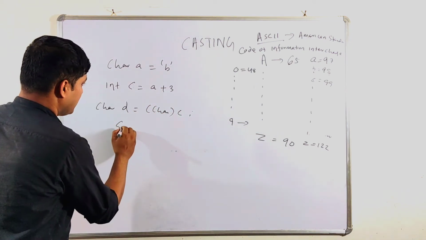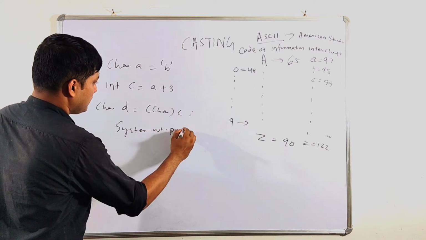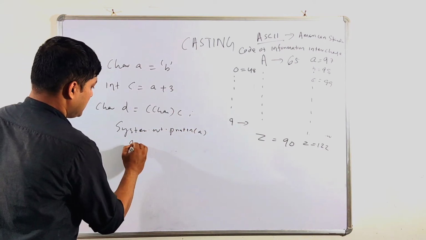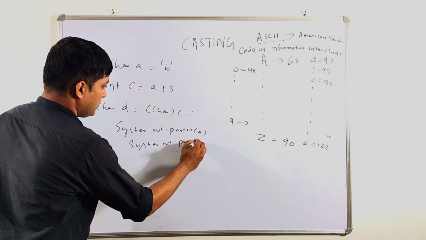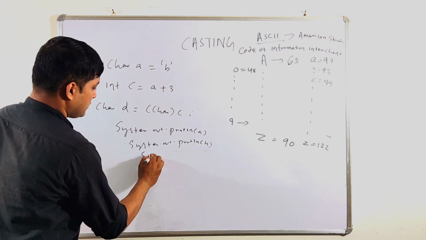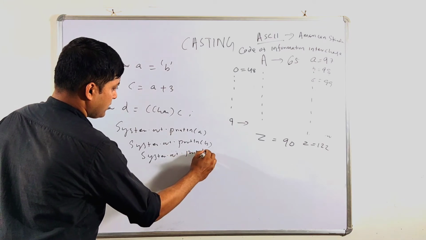Then you have to write System.out.println a, System.out.println b, System.out.println c.